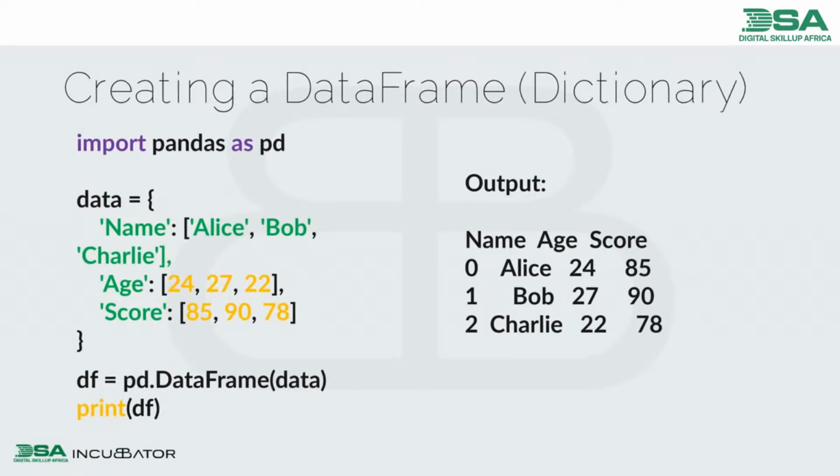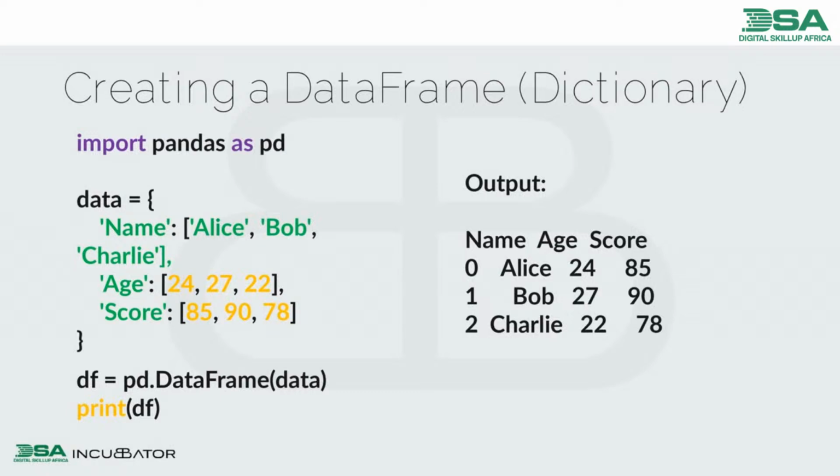So look at something like this. Creating a data frame from a dictionary. I've given you name: Alice, Bob, and Charlie. I've given you age: 24, 27, 22. I've given you a score of 85, 92. So what it does is that it converts this to a table, picks the name, and first starts with a serial number.